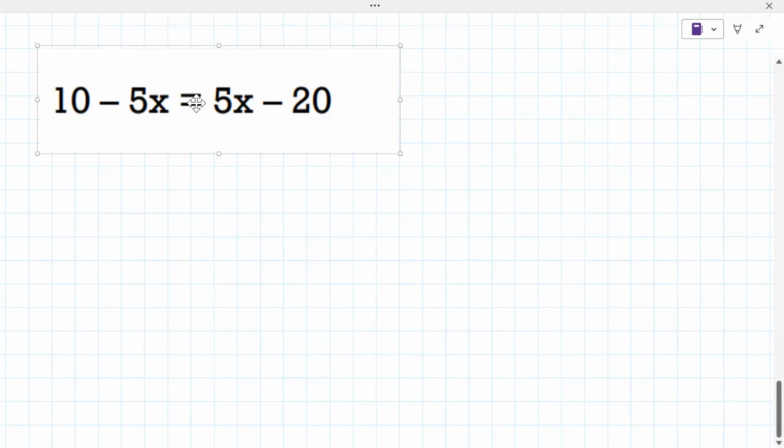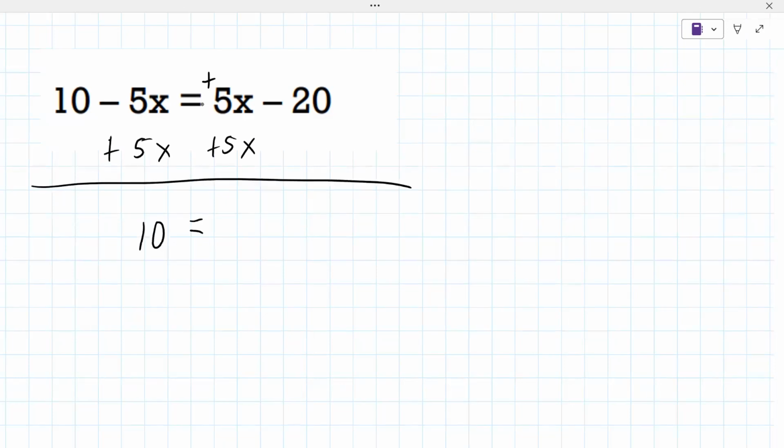One is negative, one is positive. So this is where you still have to decide which is smaller, minus 5x or 5x. Minus 5x. Yeah, so you're going to add 5x to both sides.